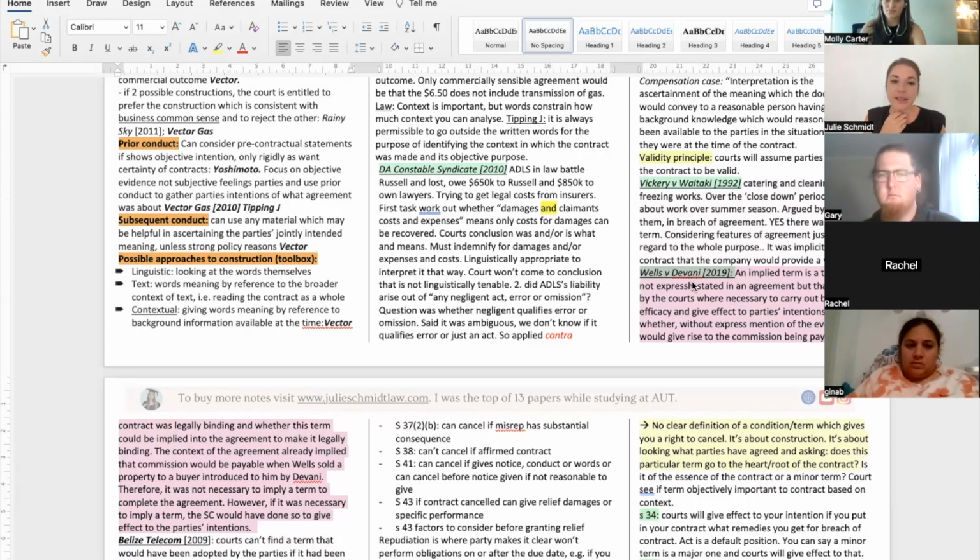So in that case, the ruling was that after Devani found a buyer and that transaction went through, that's like the execution of the contract. So surely that's when he should get paid. And that goes without saying. So that was an implied term.